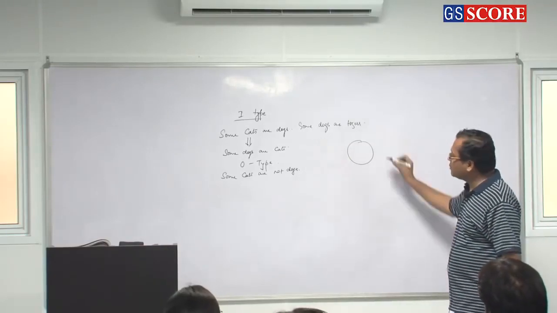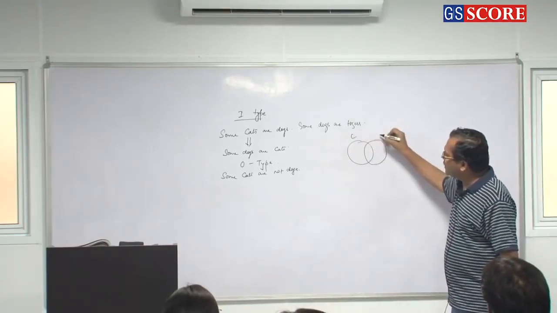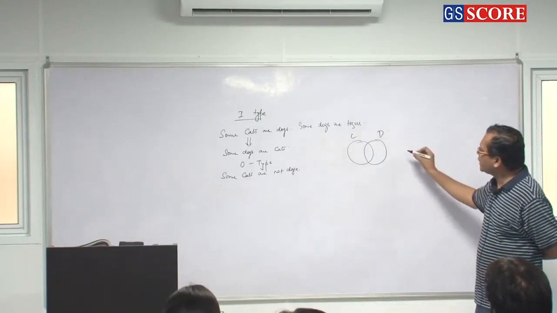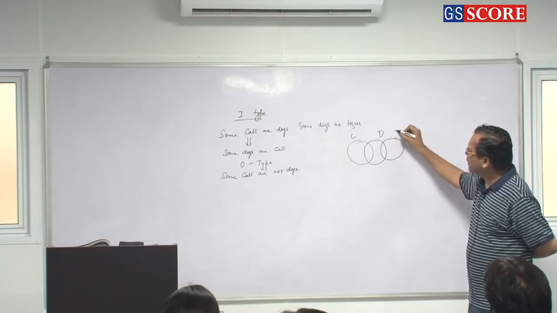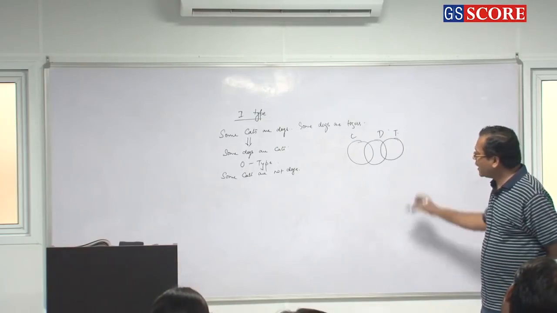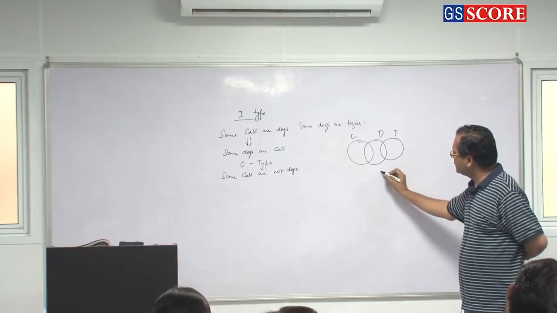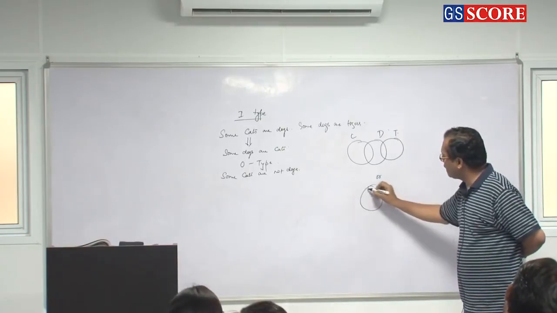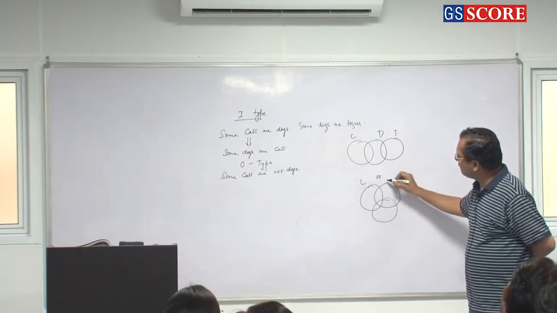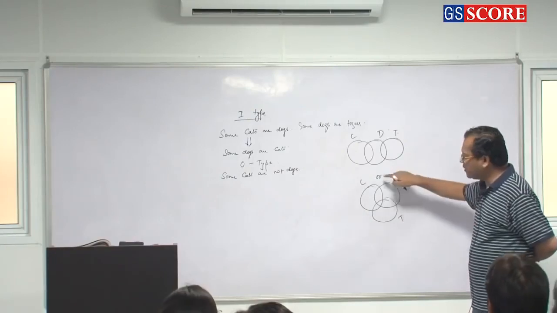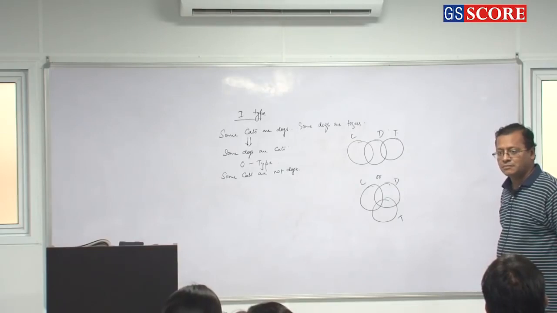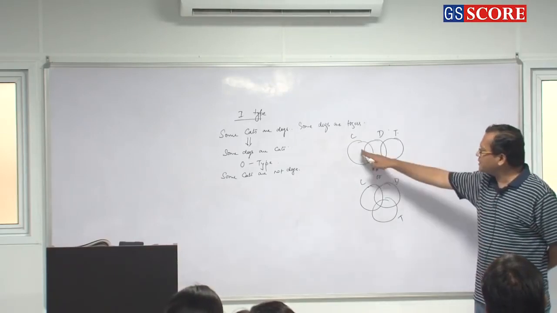If I say some cats are dogs, I can represent it like this. And if I say some dogs are tigers, I can represent it like this as well. Okay, I can represent it like this? So can I say some cats are tigers here?